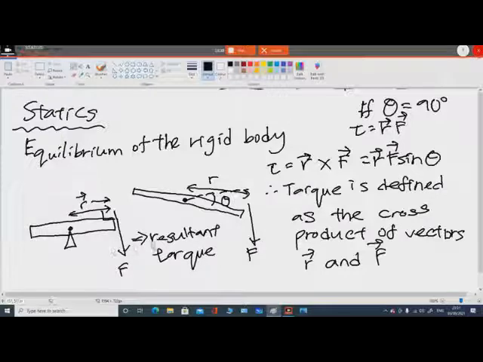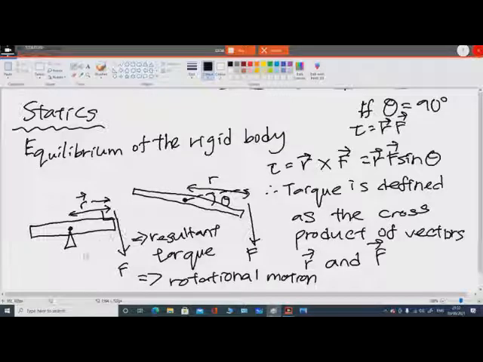So this will give us the rotational motion for the plank if the force and the distance are perpendicular.